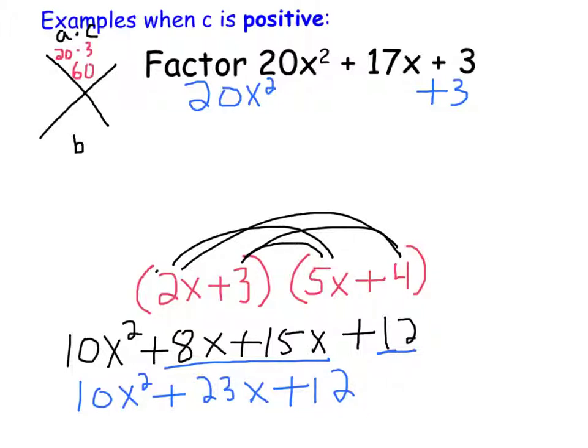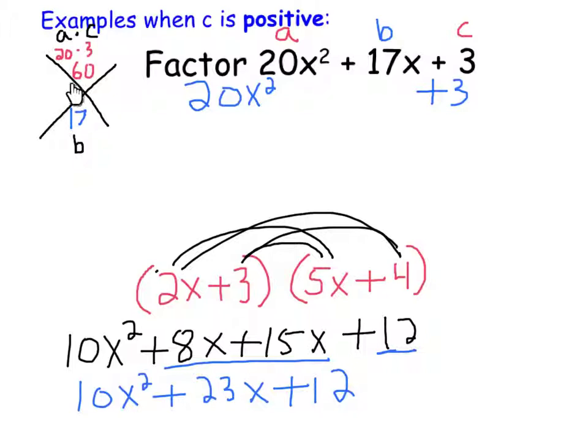In order to do that, we take a, this is a, and multiply it to c. So 20 multiplied to 3 is 60. And then we need that to add up to b, and b, in this case, is 17.